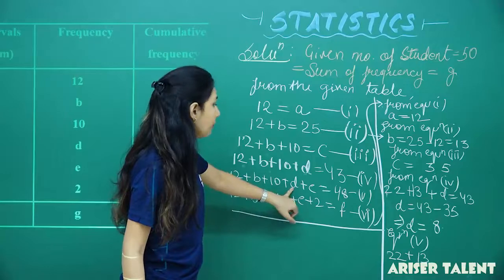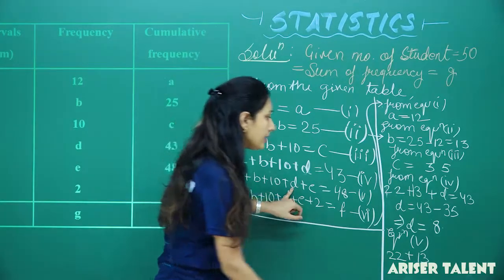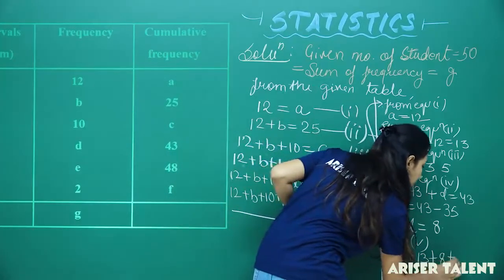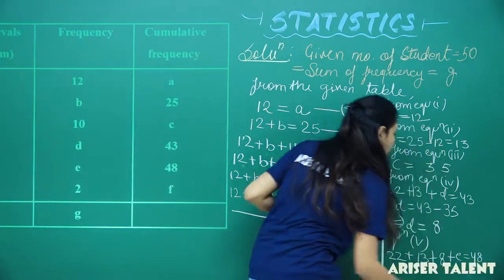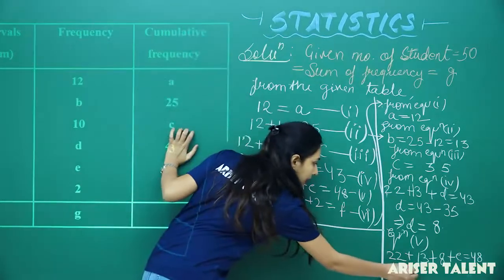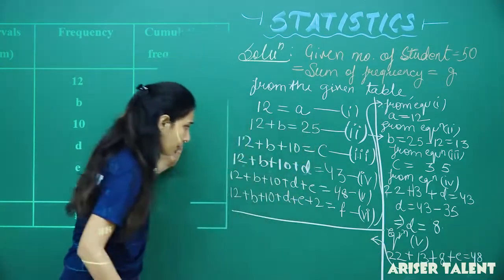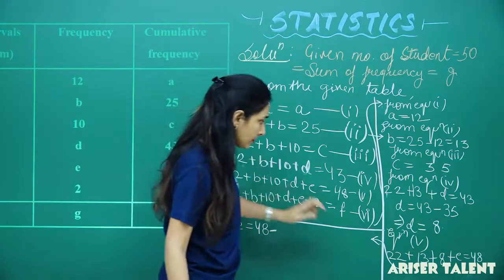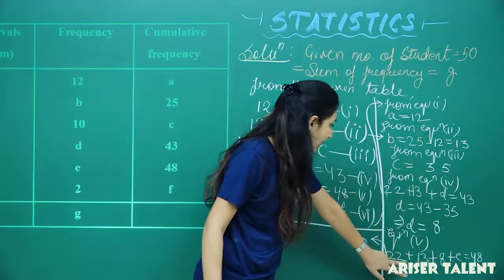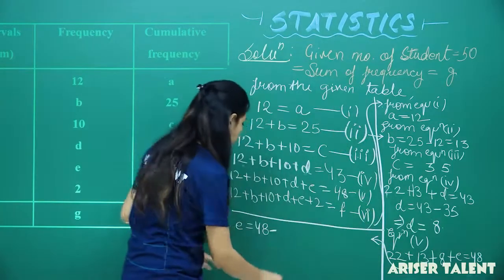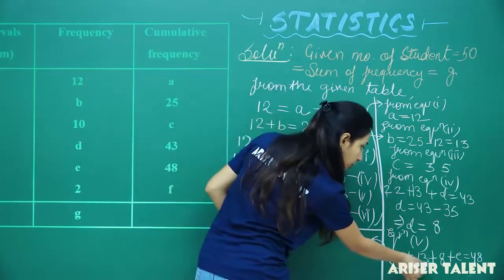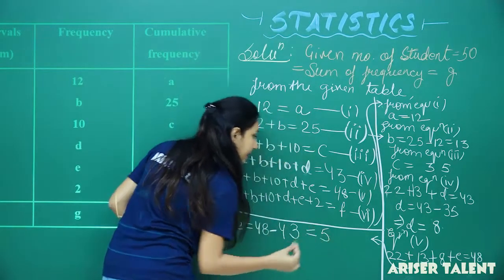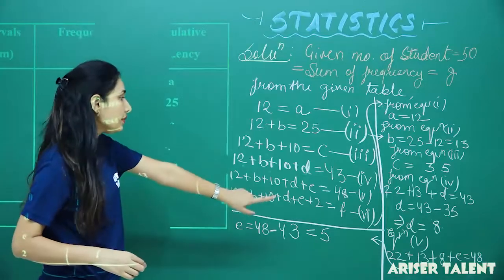Okay. Then value of D. The value of D is 8. Right. And the value of E plus E equals to 48. So, now you can come here this side. So, we will be having E equals to 48 minus, this is 8, 9, 10, 11, 12, 13. So, 3 here, 1 carry 2 to 4. So, 43, 48, that is 5 from equation number 5.